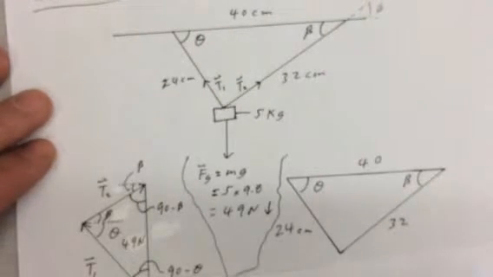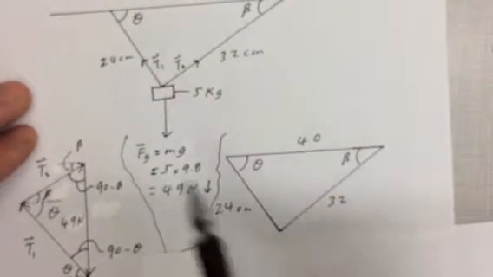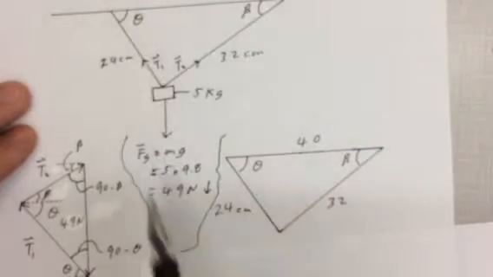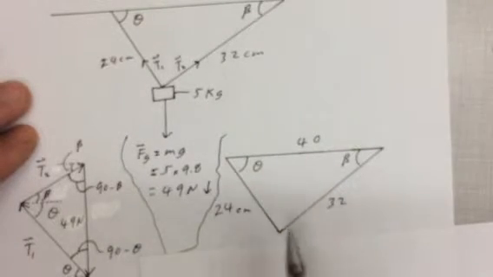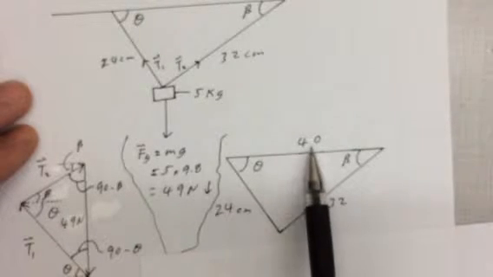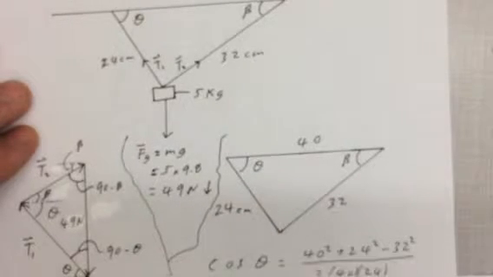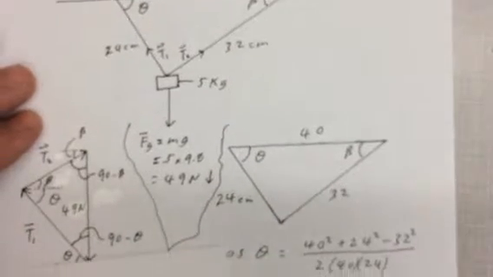Now, to figure out those angles, we're going to look at the diagram that is just with the lengths, the string lengths and the ceiling length. So here's 24 centimeters, 32 centimeters, and 40 centimeters. The tension forces are going to go along the strings, so the angles are going to be the same. And here's how we figure them out.